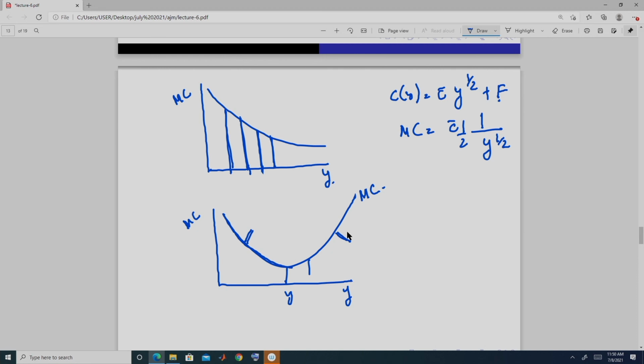But if we can vary the land size also, then we may not have that situation. But as of now, we are keeping that land size fixed, so we are getting a U shape.